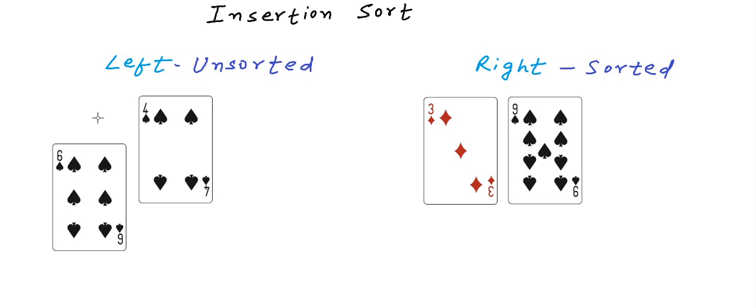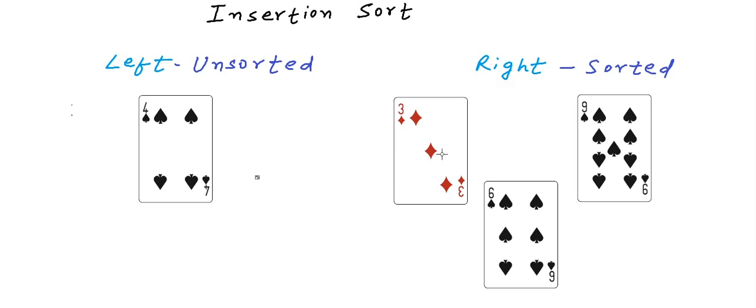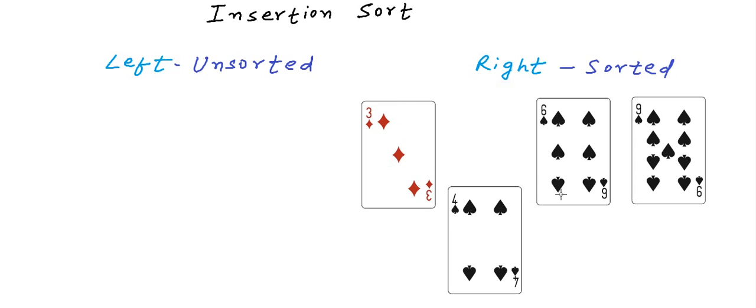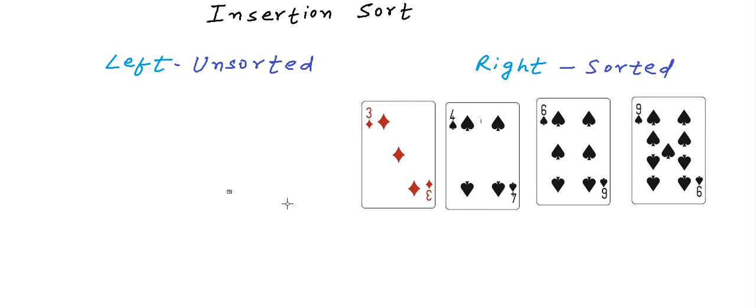Now the next card that we will pick is 6. When we take 6 to the right hand, it will have to be inserted between 3 and 9. And now the last card that we will pick will be 4, and 4 will have to be inserted between 3 and 6 in the right hand. And finally we will have a sorted arrangement in the right hand.